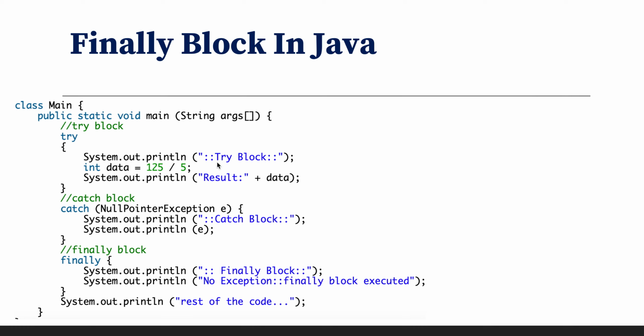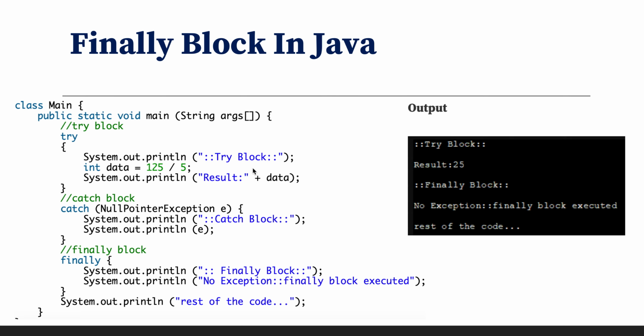Since there is no exception, it is not going to enter the catch block, and after that it goes to the finally block. If you run this program, it prints: try block, then result, then finally block. So even though there is no exception, the finally block is executed.